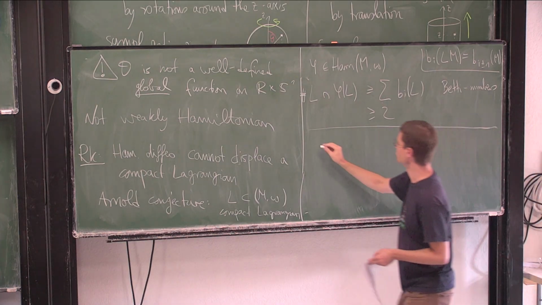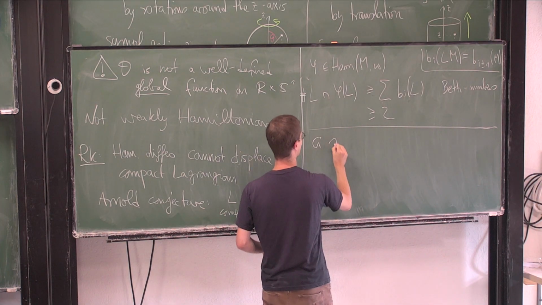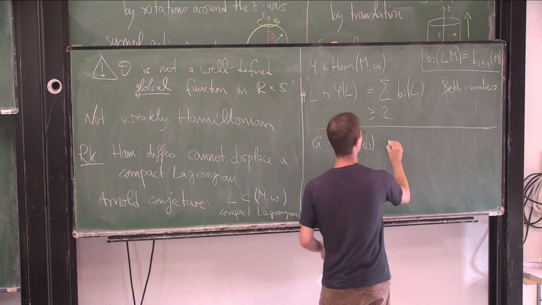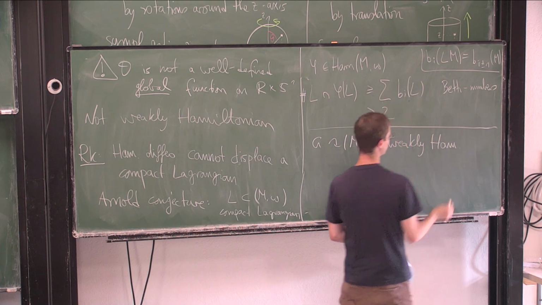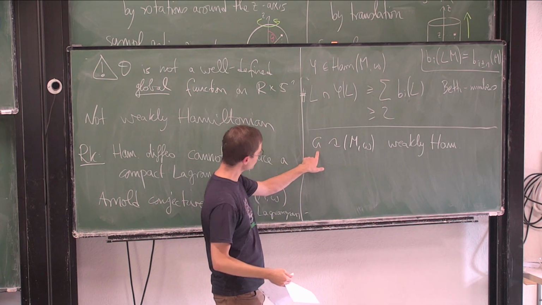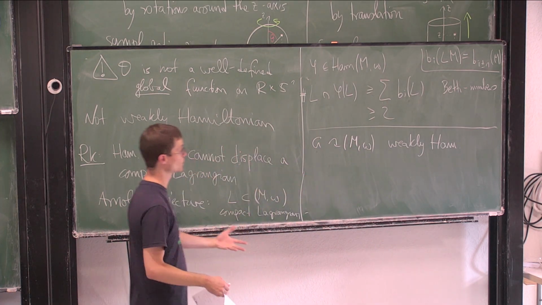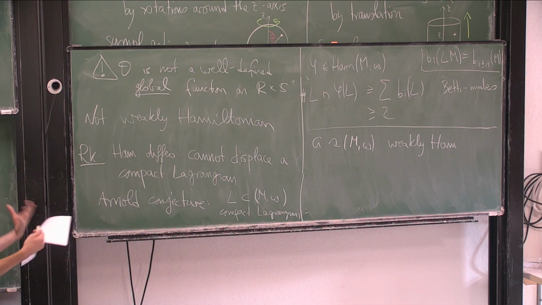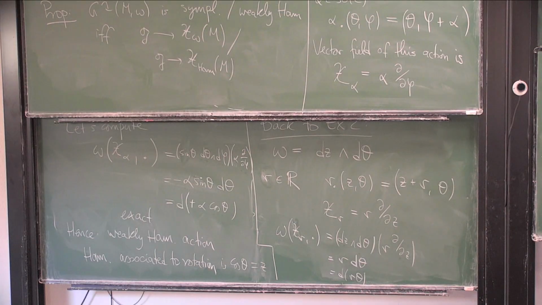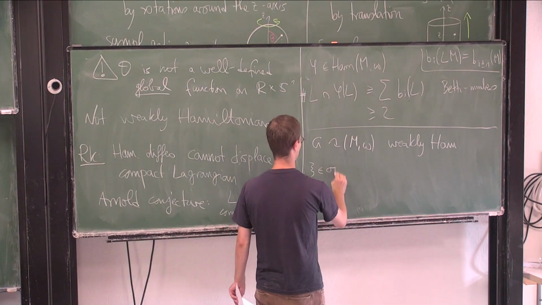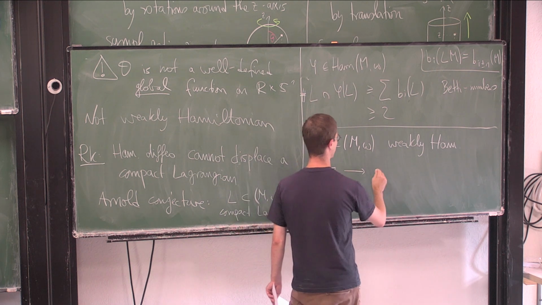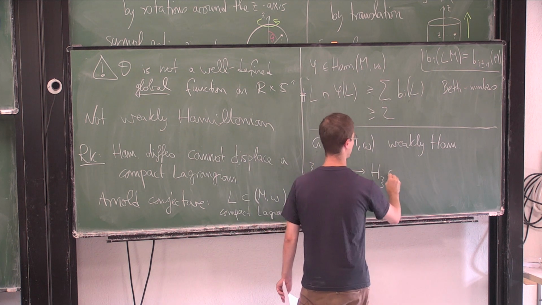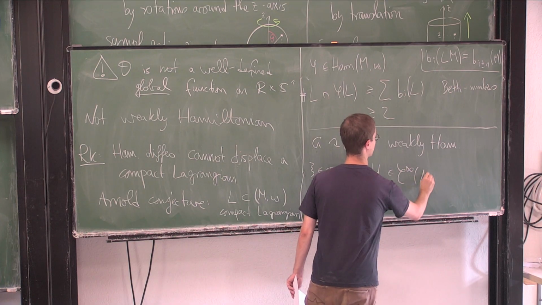So when we have a weakly Hamiltonian action, G weakly Hamiltonian, what does it mean? It means that any group element here gives you a Hamiltonian diffeomorphism, so in particular you can associate a function, like the Hamiltonian. So we get actually a map, which from psi, element of the algebra, should give you an element, which is H psi, in the function space.